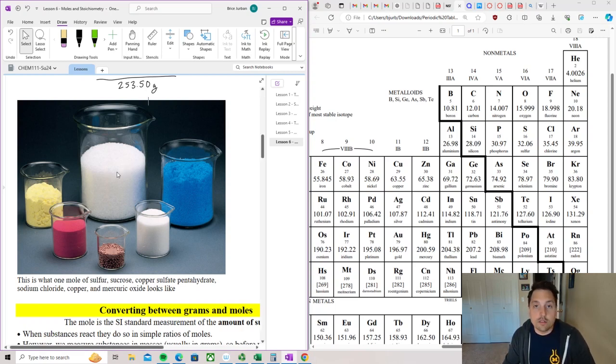And there are quite a few carbons, hydrogens, and oxygens. So this actually becomes the heaviest and the biggest jar. We have copper sulfate pentahydrate, sodium chloride, copper, which are these little spheres here, and then this red powder is mercuric oxide. And you can see that they all have different masses, and that's because every atom has a different mass.